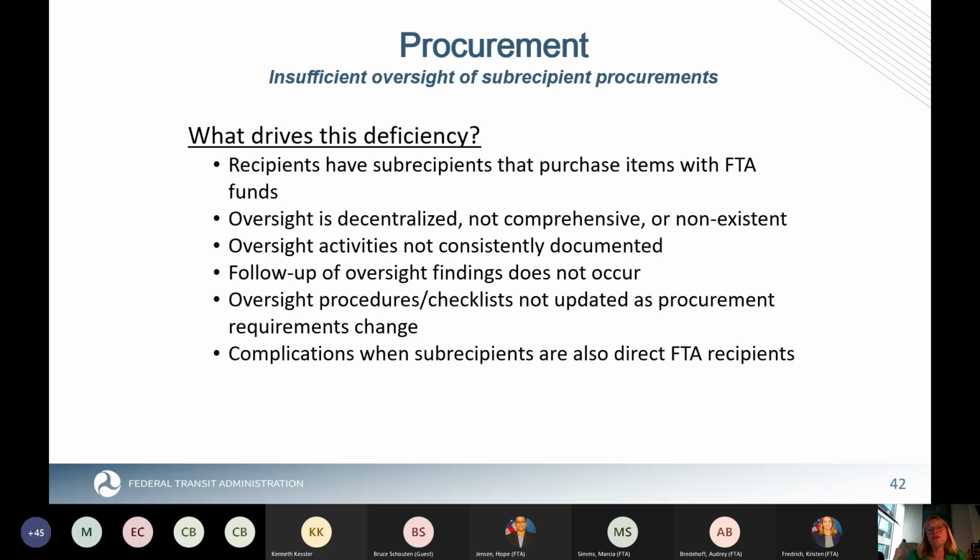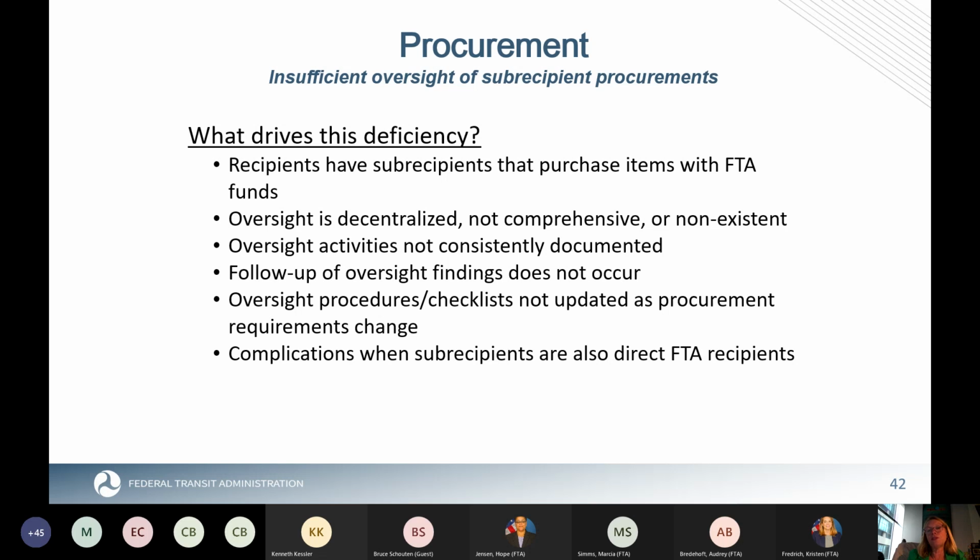Some agencies have decentralized oversight, or oversight that's not comprehensive, or it may not be existent at all. And so you really need to see, if you have subrecipients, what is your oversight procedure and policies? And specifically for this area, what is that for procurement? And so you need to really understand what is going on with your oversight.